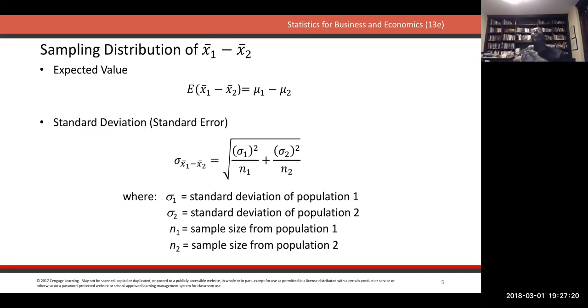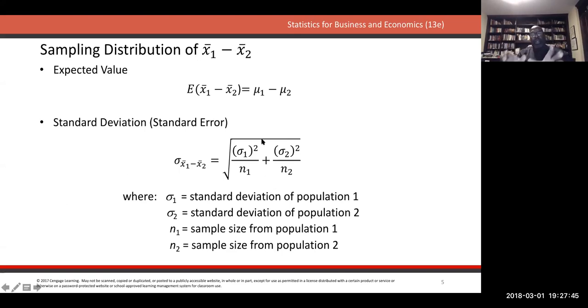For example, if a family of four spends $1,600 a month on expenses in Montreal and $1,200 a month in Halifax, the sample difference between the two would be $400. So that's our point estimate of the difference.